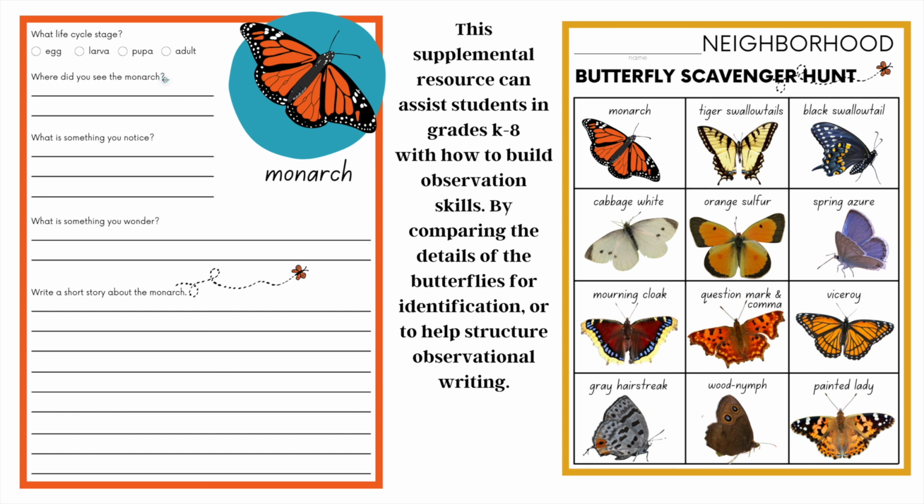So this has a little bit more detail and already includes a picture of the monarch butterfly and allows students to start building in SEL opportunities or a narrative writing approach.